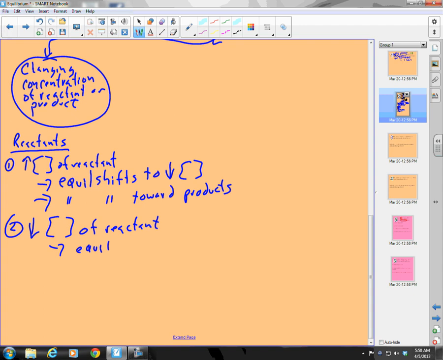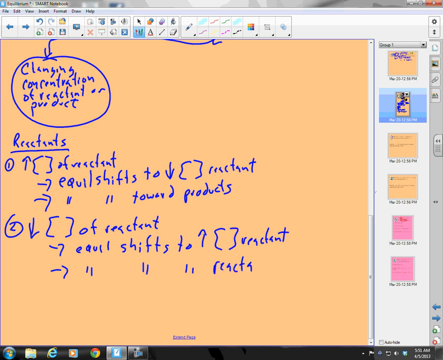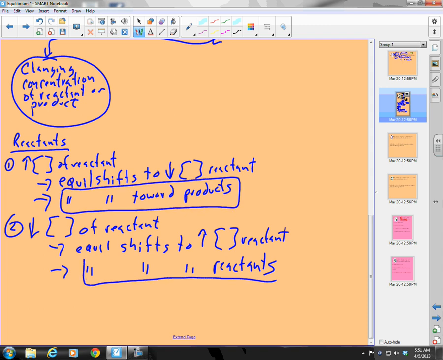Equilibrium shifts to increase my concentration of the reactant. And so that means what? My equilibrium shifts to the reactants. Okay? Good. And these are the ones they tend to want you to know: shifts towards the products or shifts towards the reactants. Good.